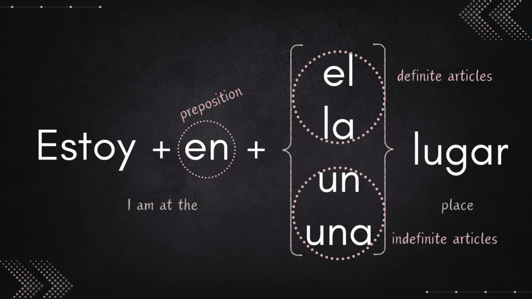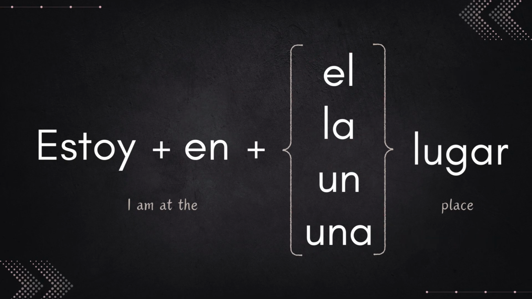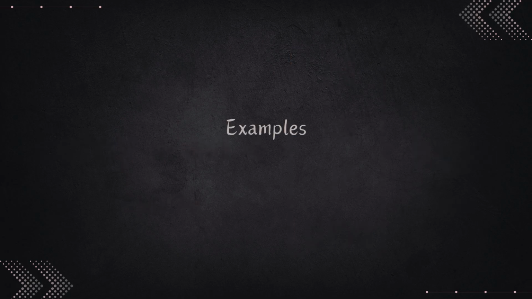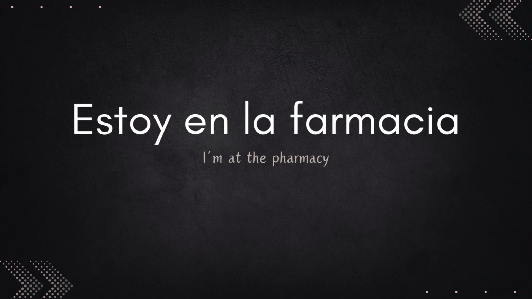As mentioned before, in most cases, we will use a pattern estoy plus en plus the appropriate definite or indefinite article plus the location. For example, estoy en la farmacia.